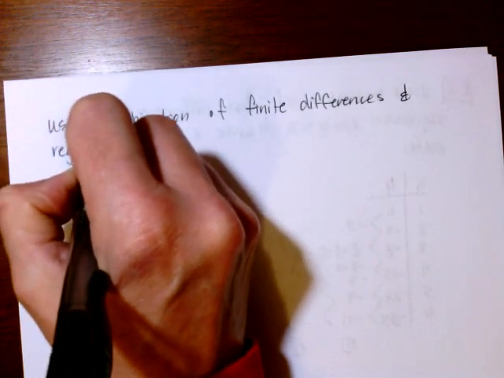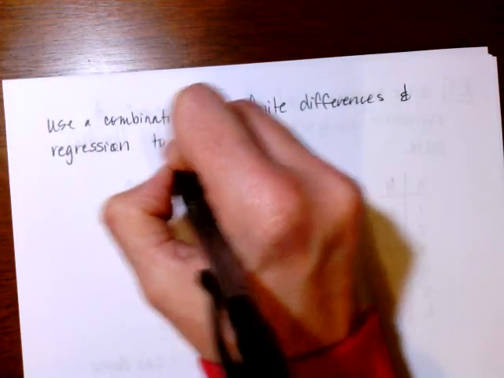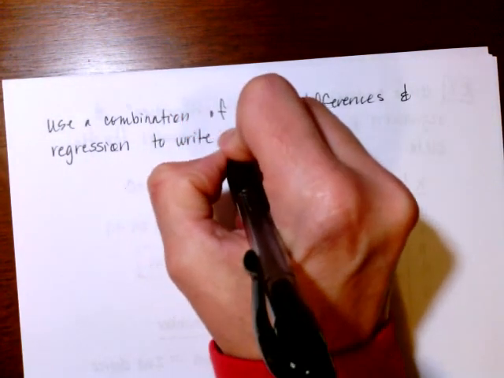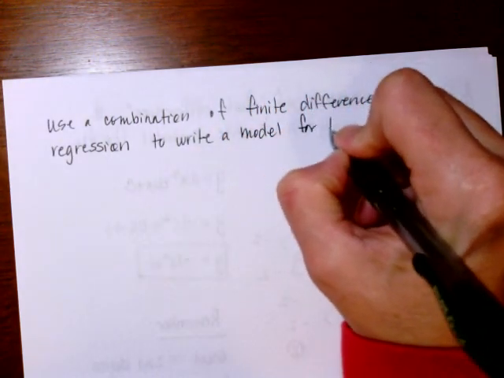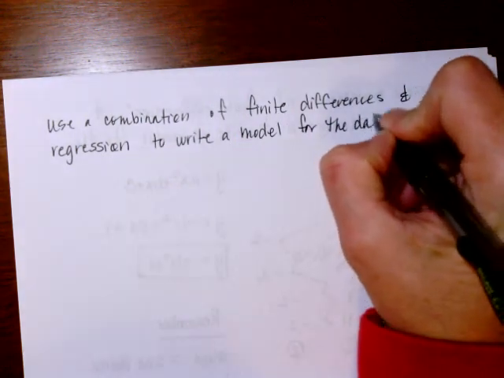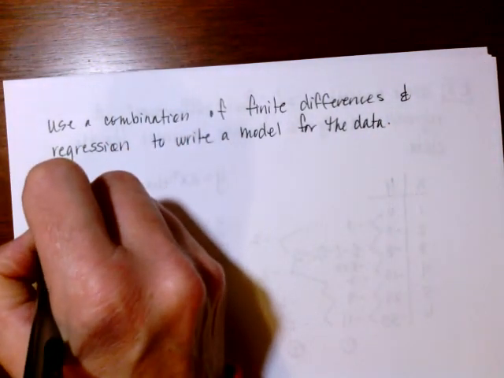Again, there is another way to do this, but we have not done matrices yet, so that makes that other method difficult. To write a model for the data. So I'm going to give you two different sets of data. So you'll do two different sets of finite differences.